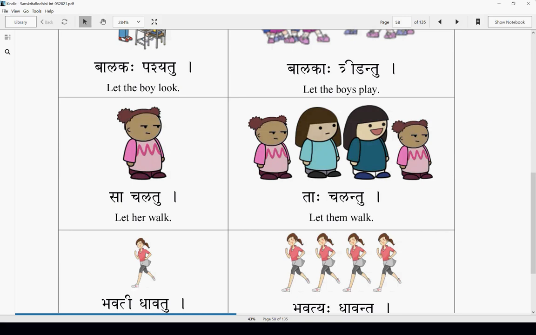Some of them indicate the kala or the time of the action, and some of them do not. In English I think they are called modes, like an imperative mode. You do something, you look somewhere, like that.